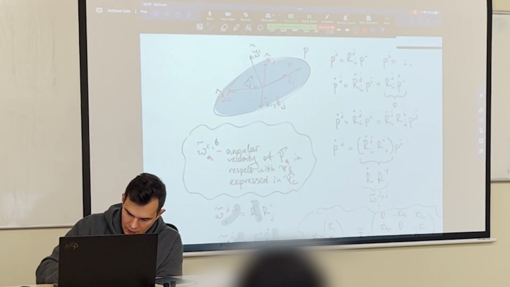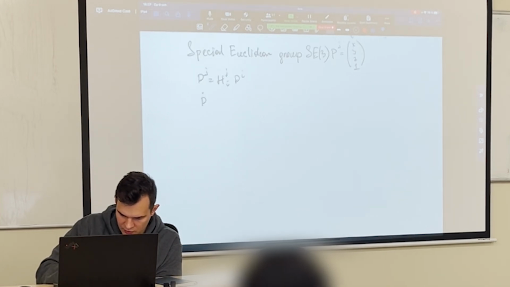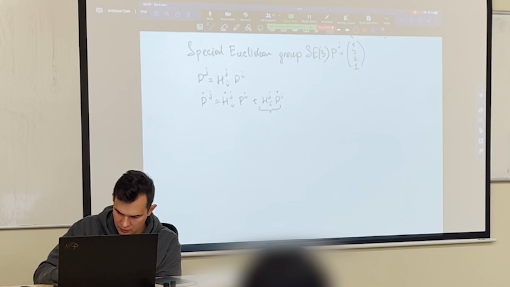The time derivative of Pj equals the derivative of Hji times Pi plus Hji times the derivative of Pi, the capital P. And for the same reason, it will be 0.